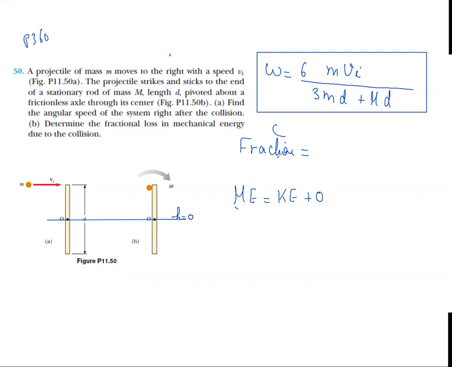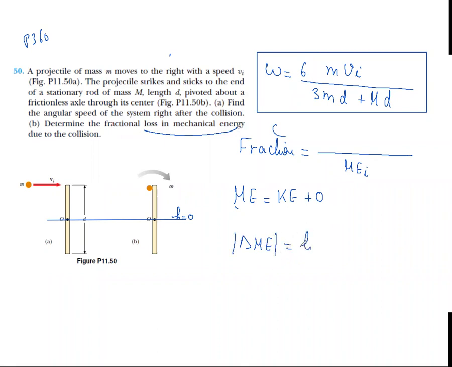So mechanical energy is equal to kinetic energy only, plus 0 potential energy. When I say I want to calculate the fraction, it means I have to put the initial mechanical energy down. What is the loss in mechanical energy? It means delta mechanical energy, absolute value.